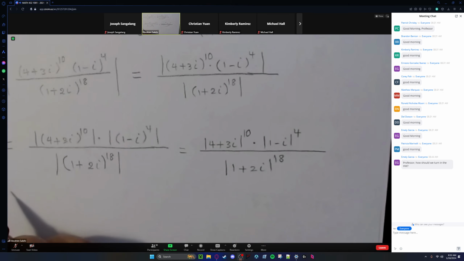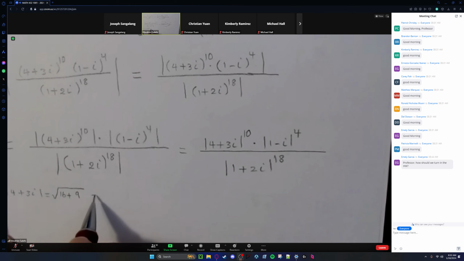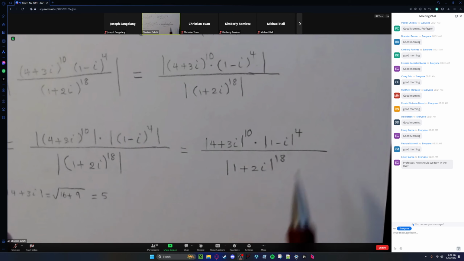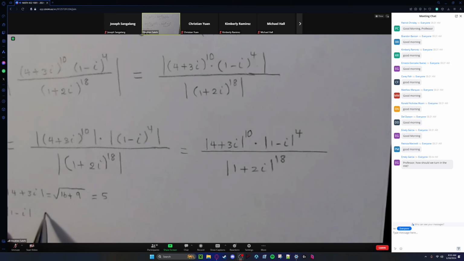It's the square root of this squared plus this squared, which is 5. How about 1 minus i here? The modulus is the square root of this squared plus negative 1 squared.